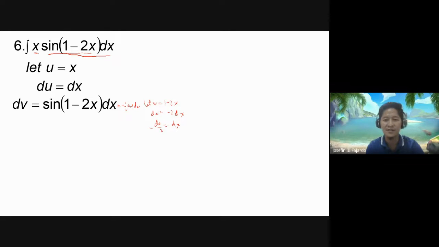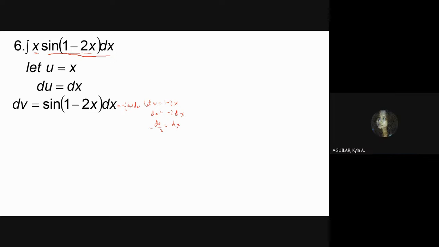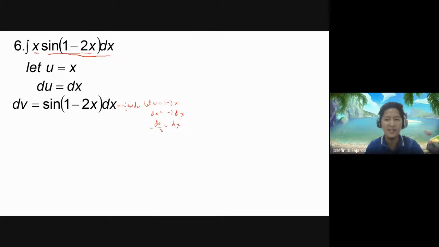Can you follow? Okay, so which we can integrate now. If I try to integrate this, my integral of dv will just be v, and if I integrate this, this will be negative 1/2 times negative cosine w, di ba?